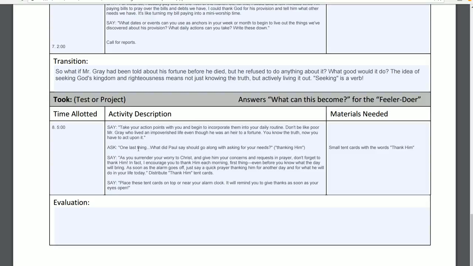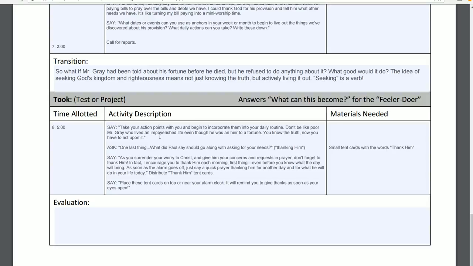And then the other thing they did, besides taking this routine into your life and acting on it, we also handed out these little tent cards. Remember that? You say place these tent cards on top of or near your alarm clock to remind you to give thanks. The tent cards say "Thank Him" on them.